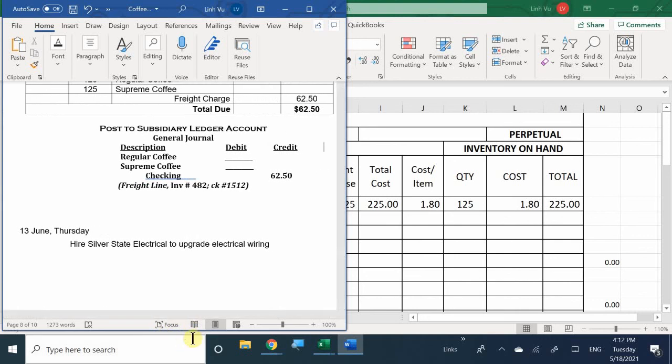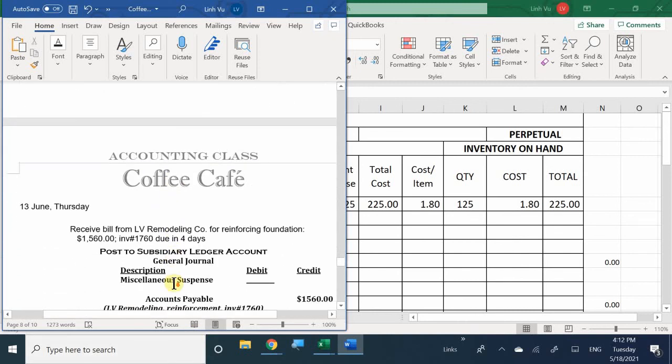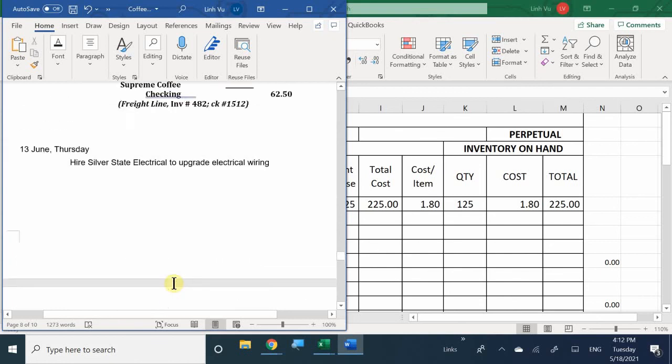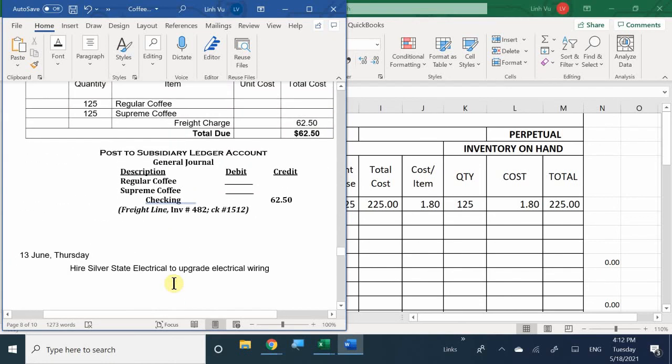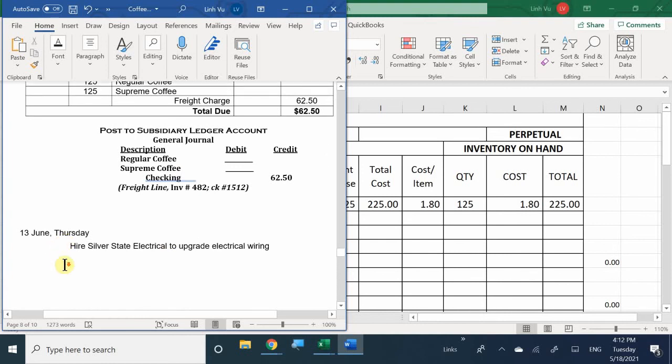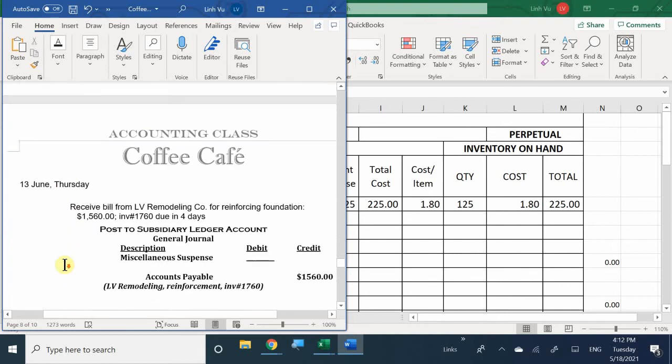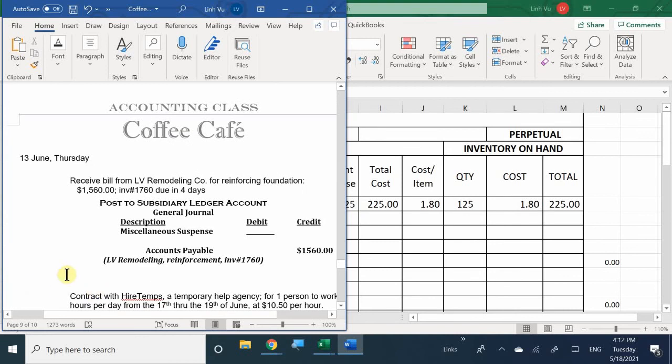Let's just do the next two scenarios, and then we'll come back and continue the rest.